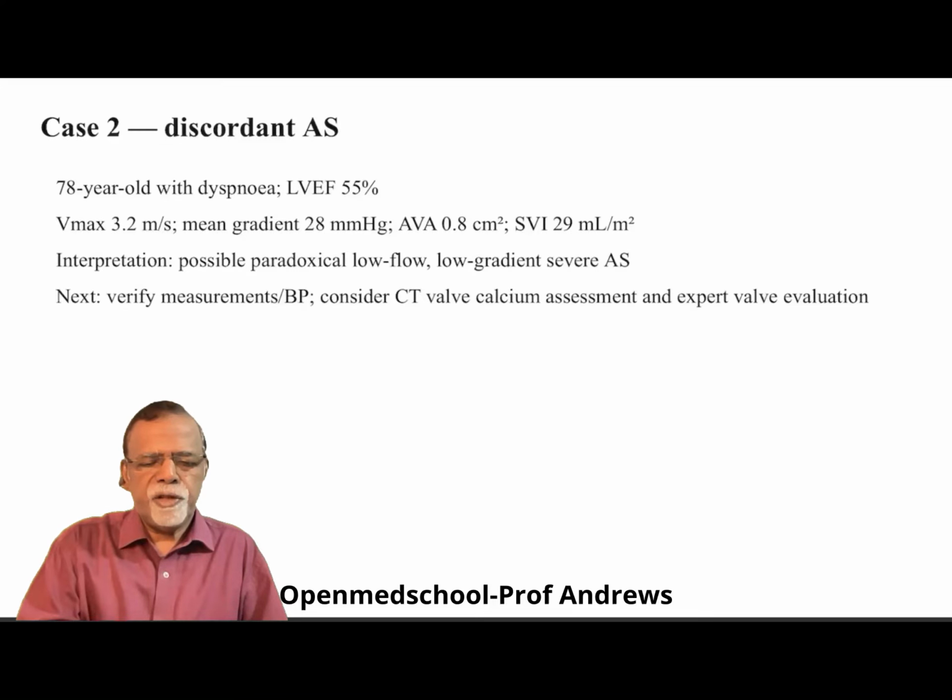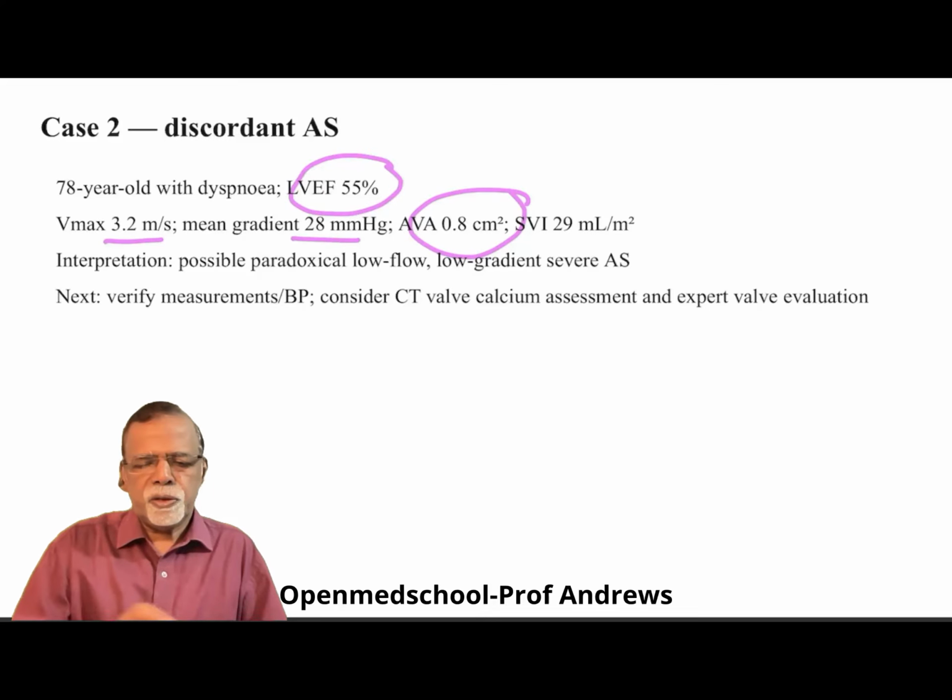A 78-year-old with dyspnea, LV ejection fraction is 55%, Vmax is 3.2, gradient is 28, area is 0.8. So area wise it is severe, with good ejection fraction, it's a discordant case.